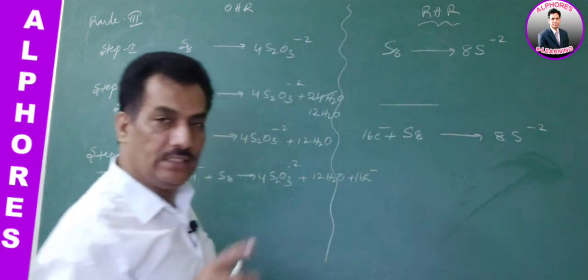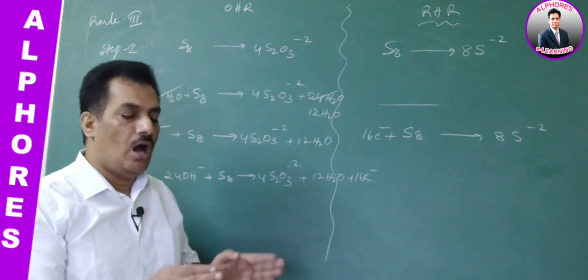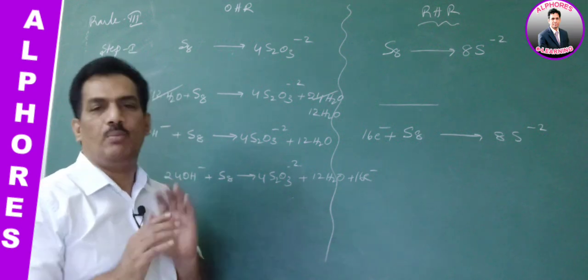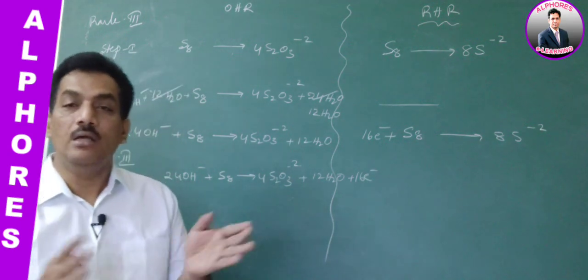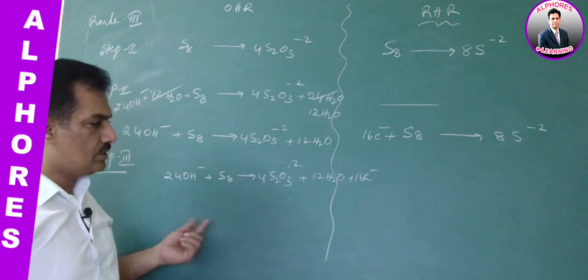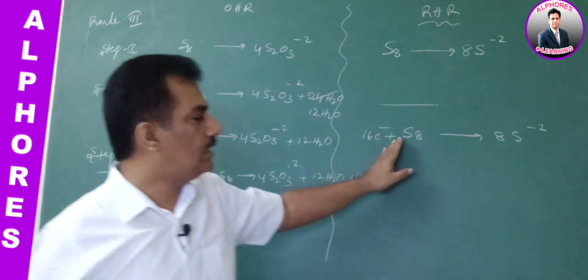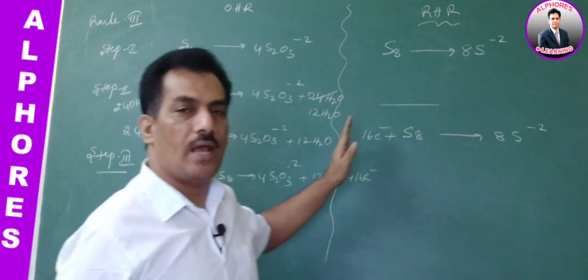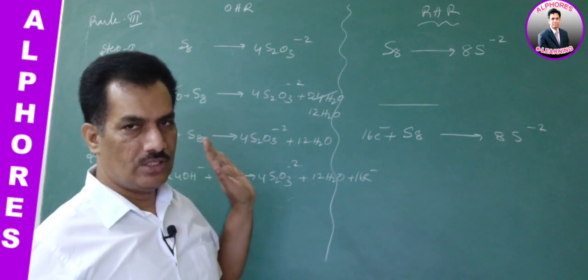Because in balancing the charge, we add the electrons on the opposite side for negative charge, and on the same side for positive charge. In both these half reactions, we are getting net negative charge. Here the net negative charge on this side is minus 16, thereby we are adding electrons on the right side. In this case, on the right side the net charge is minus 16, thereby we are adding electrons on the left side. Are you clear with this one?